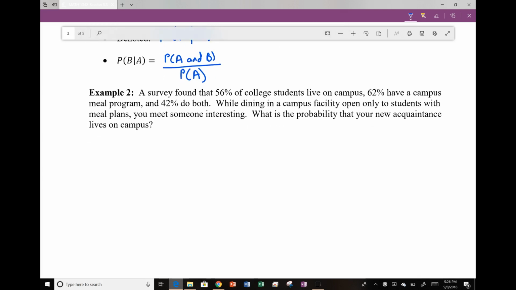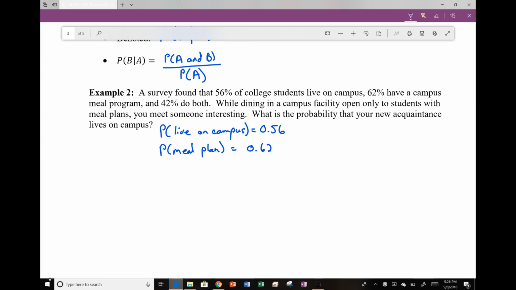So let's look at example 2. A survey found that 56% of students live on campus. So I'm just going to go ahead and look at the probability that they live on campus is 0.56. I changed the percentage into a decimal. 62% have a campus meal plan. So the probability of a meal plan is 0.62.